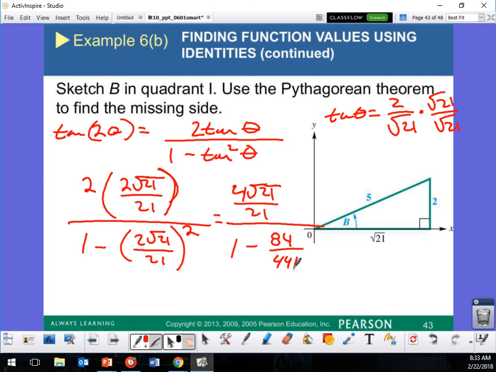So it's going to be 4 rad 21 over 21, divided by 357 over 441. And then you multiply by the reciprocal.